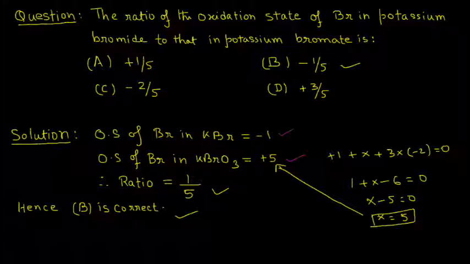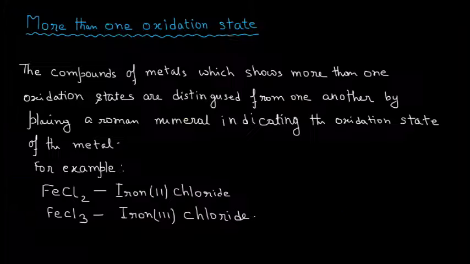Let us see the next topic. The next topic is more than one oxidation state. The compounds of metals which show more than one oxidation state are distinguished from one another by placing a Roman numeral indicating the oxidation state of that metal. Let us take an example of iron chloride.